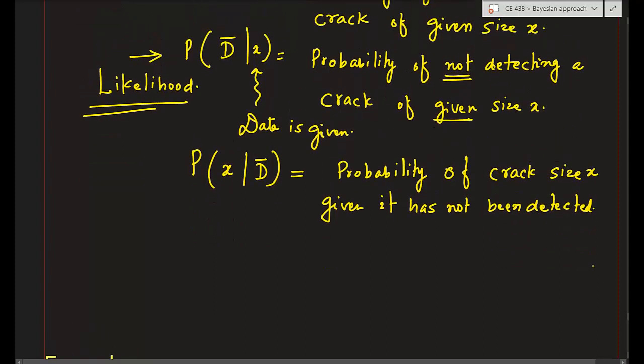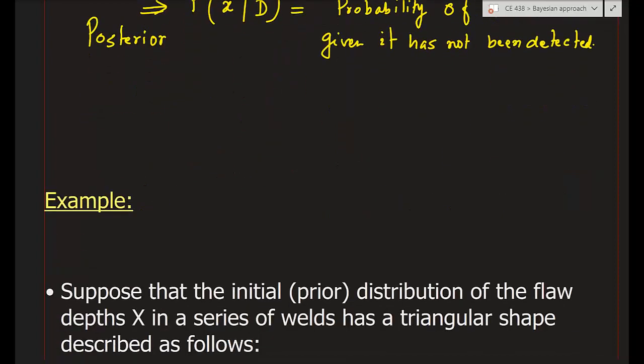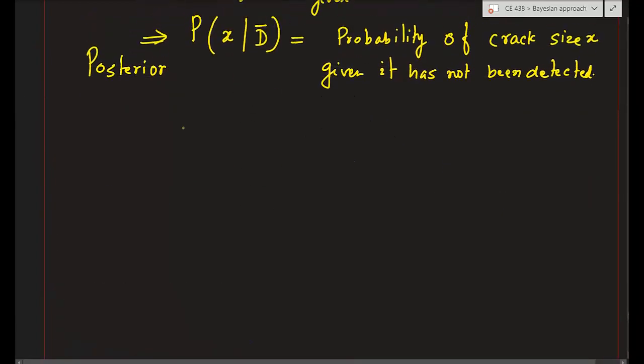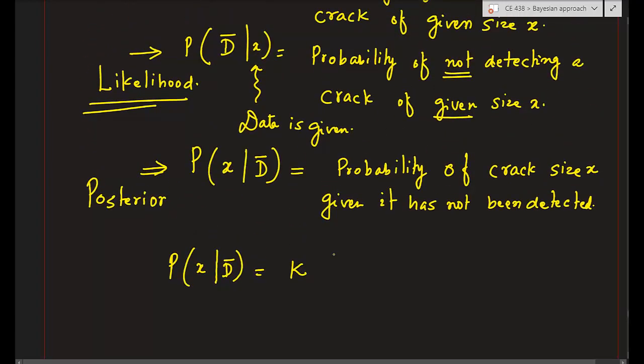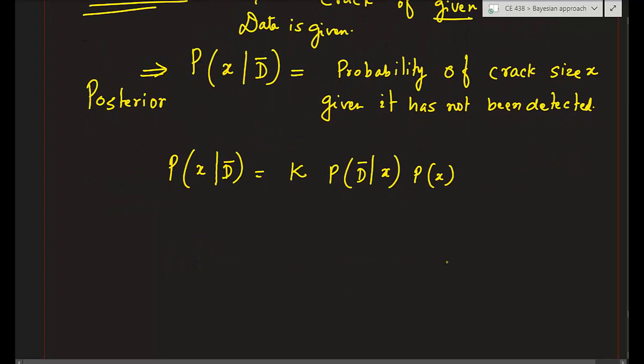So this is my posterior. Posterior is equal to k times likelihood times prior. If I know these two terms, we can calculate the posterior distribution of not detecting a flaw of given size x. So this is the important part.